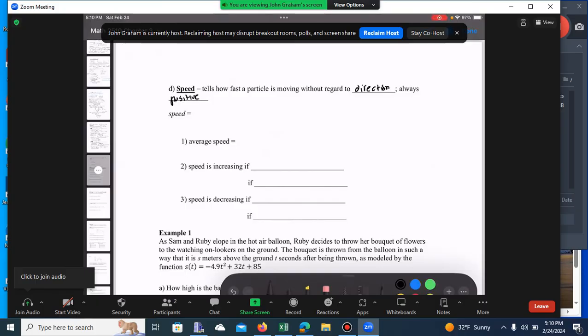And so we find speed as the absolute value of your velocity function, the absolute value of s prime of t. And we can find the average speed, vf minus vi, over that change in t.